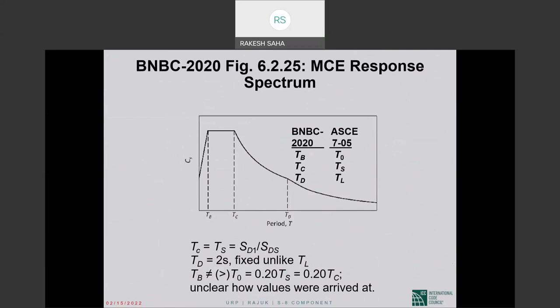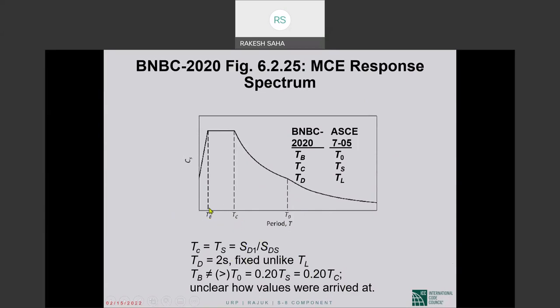In BNBC, the spectrum is defined by these points T sub B, T sub C, and T sub D. T sub D, I have mentioned, has a fixed value of 2 seconds. T sub C is the same as T sub S of ASCE 7. It is S sub D1 over S sub DS.